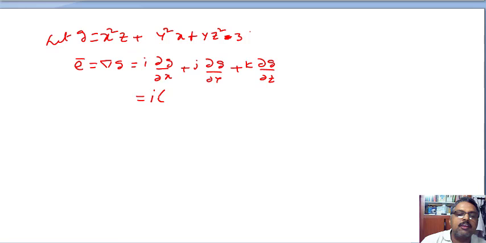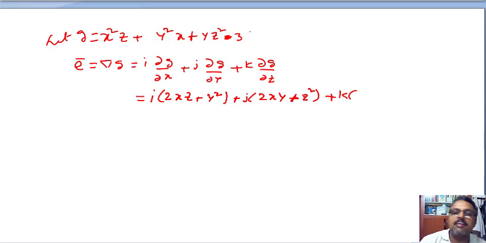With respect to y it is 2xy plus z square, and with respect to z it is x square plus 2yz.